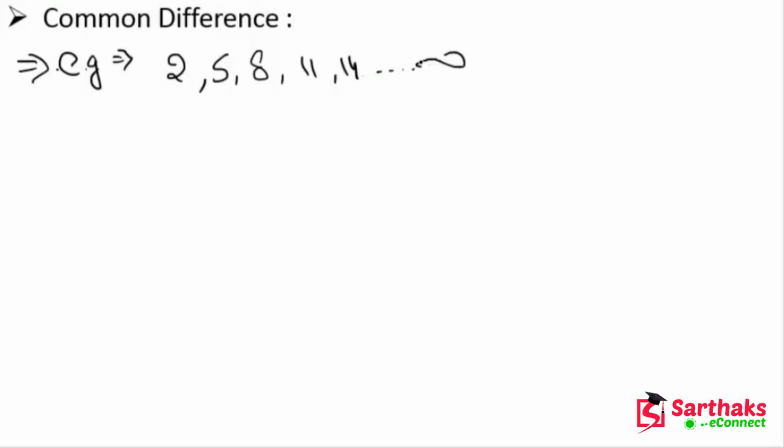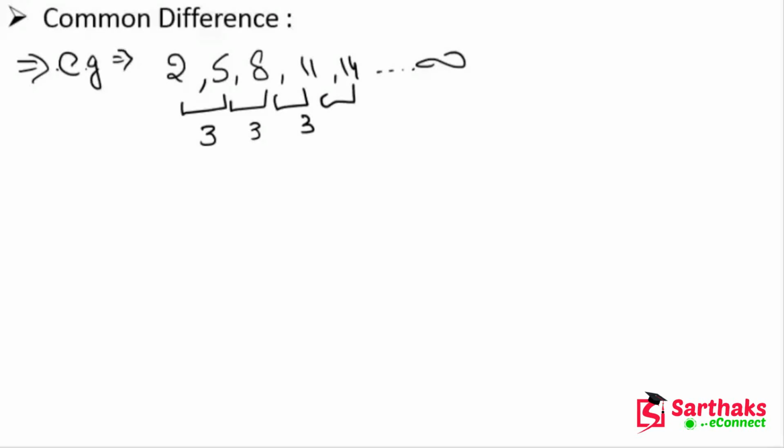For example, we have a sequence 2, 5, 8, 11, 14, and so on. Now my dear friends, if we subtract, we get 3. Again we get 3, 3, and 3.